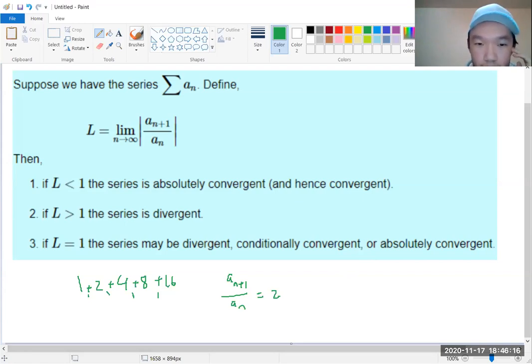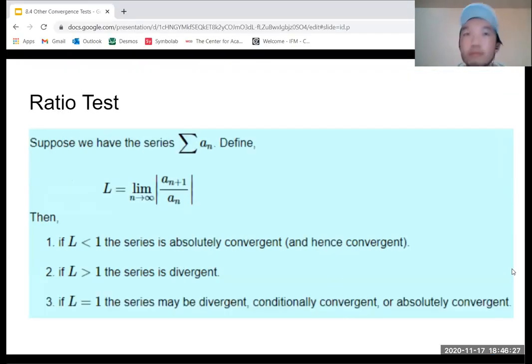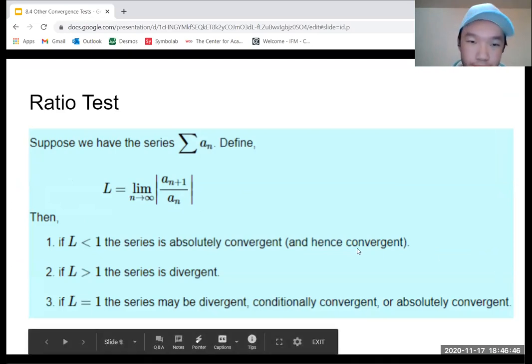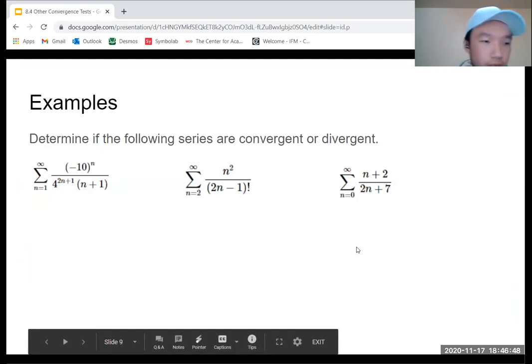Okay, so let's take a look at how we can use this for some examples. All right, so let's do these.